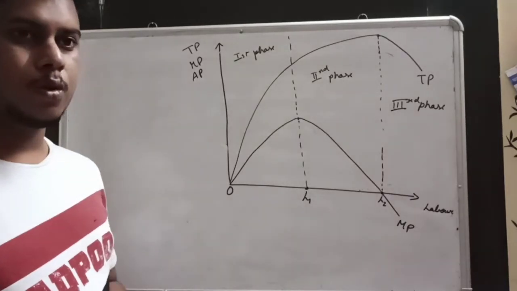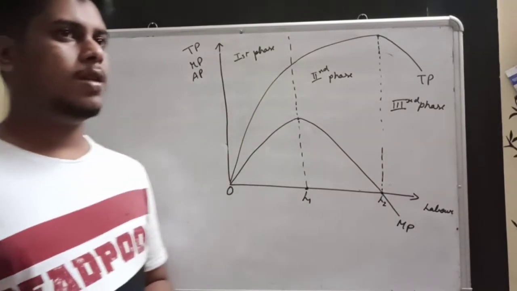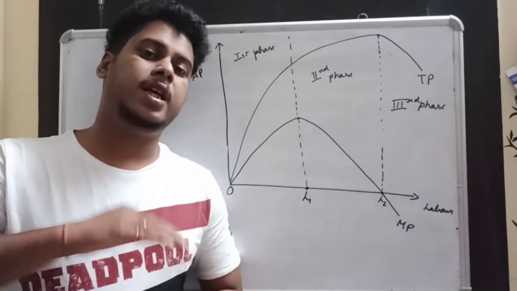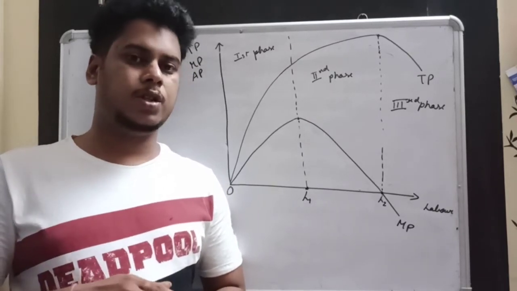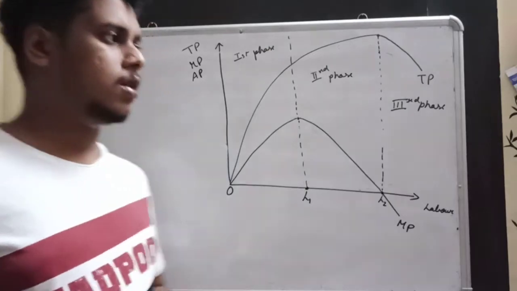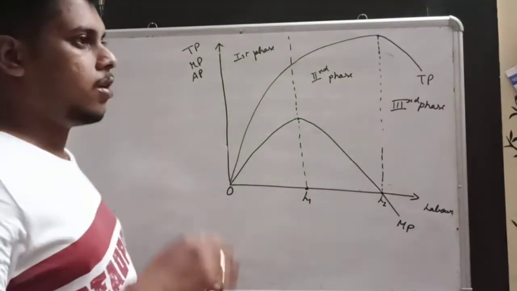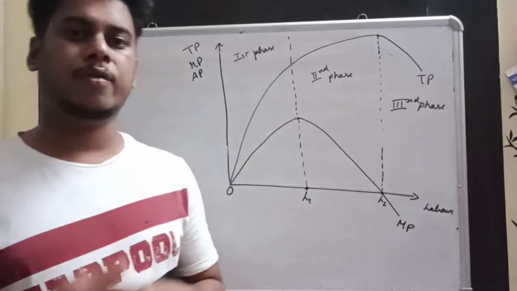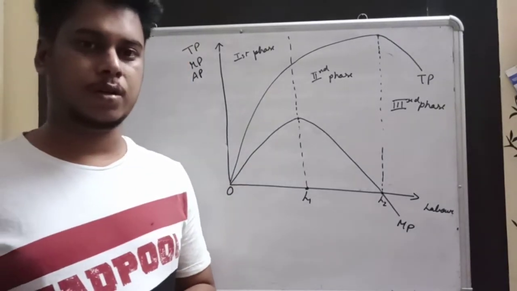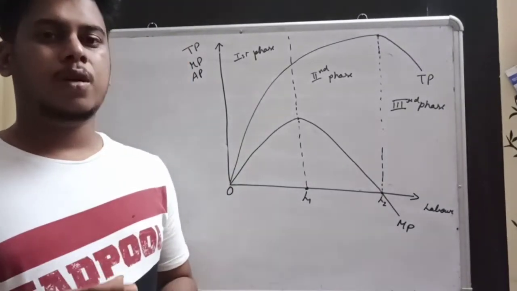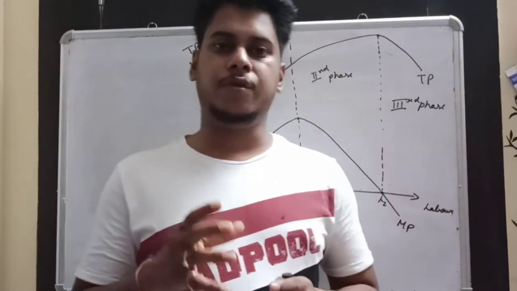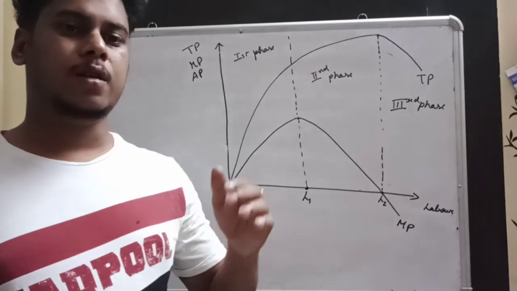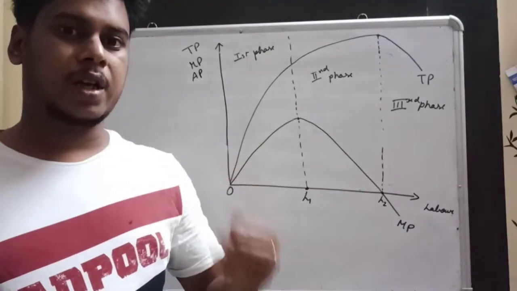You should also go through why the first phase occurs, that means why the TP is increasing at an increasing rate initially. It is because the ratio between the fixed and the variable factor is in your favor at the initial stage of production. The number of fixed factors in the initial stage of production is greater than the number of variable factors.